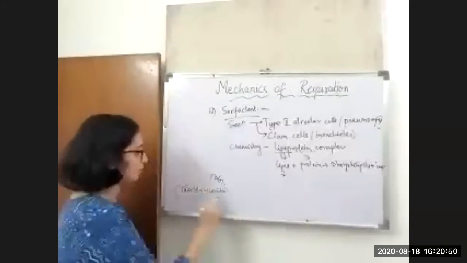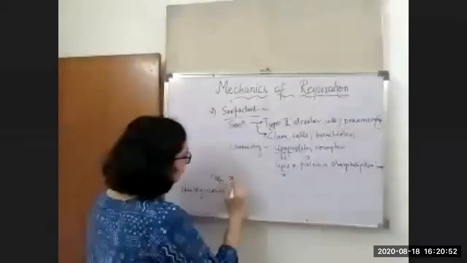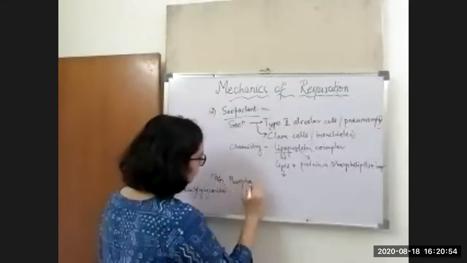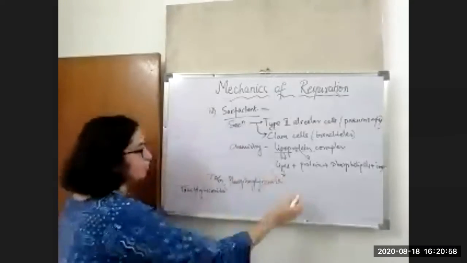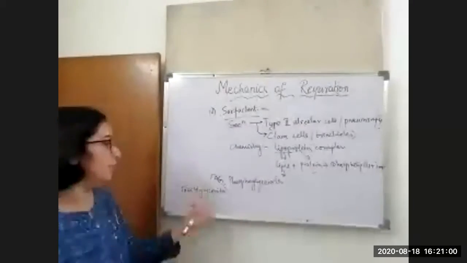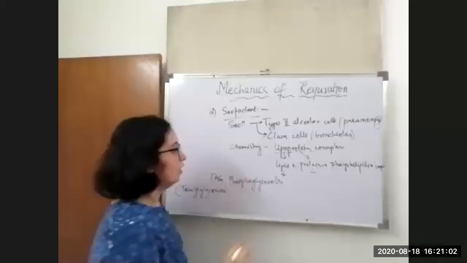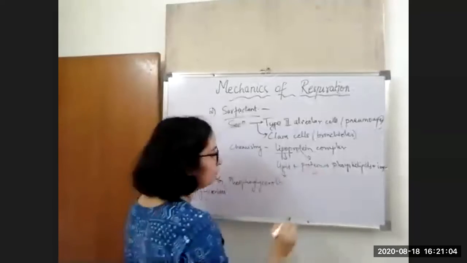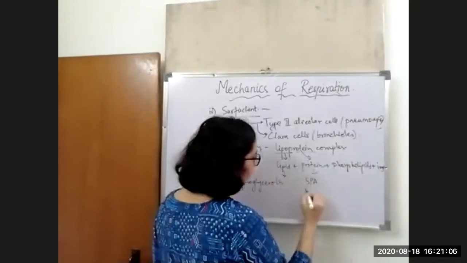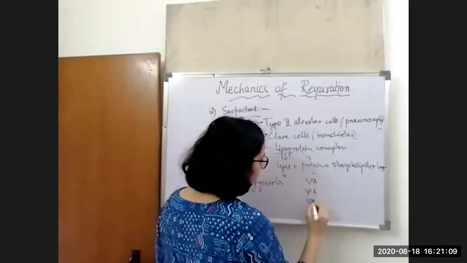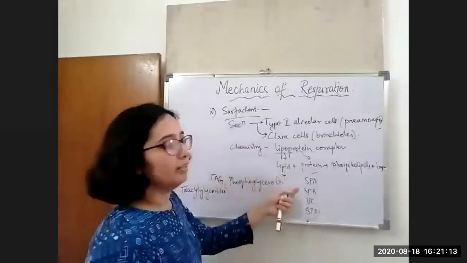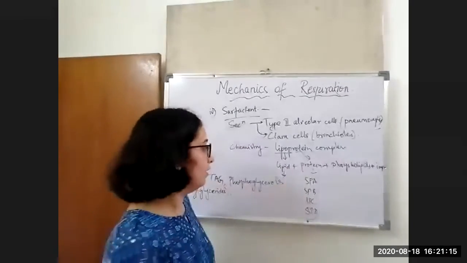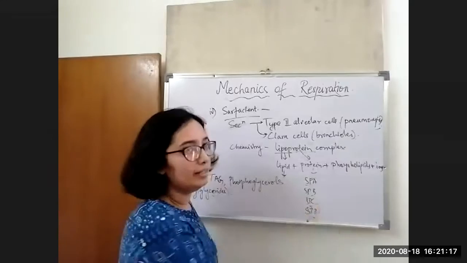So TAG and phosphoglycerols. Okay, so the lipid components in it are TAGs and the phosphoglycerol. Now the protein component. It is made up of 4 proteins: SPA, SPB, SPC, and SPD. These are the 4 components. This is nothing but the surfactant protein A, B, C, and D.